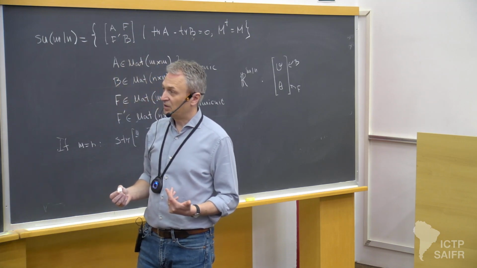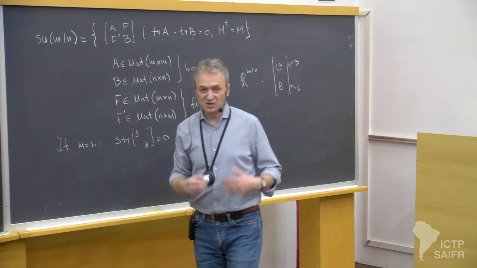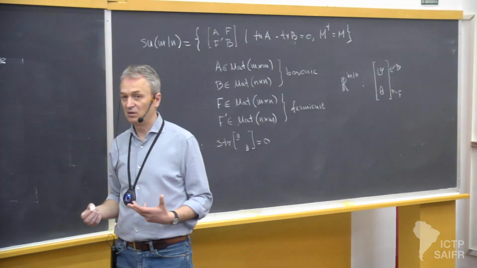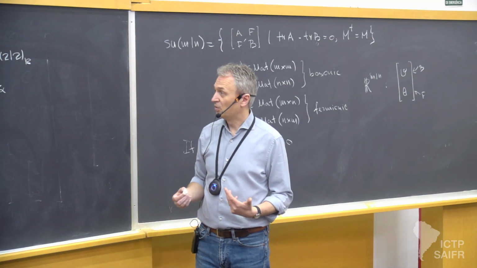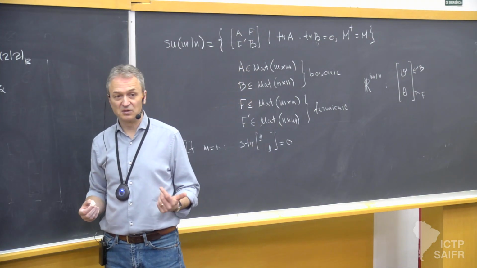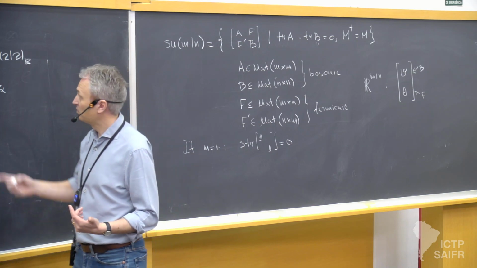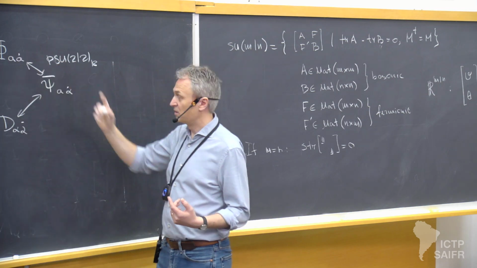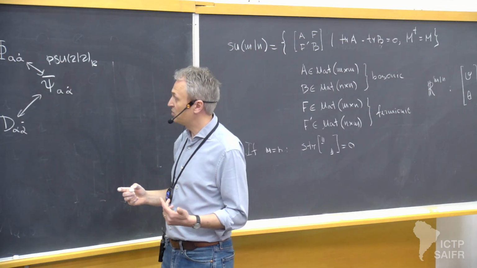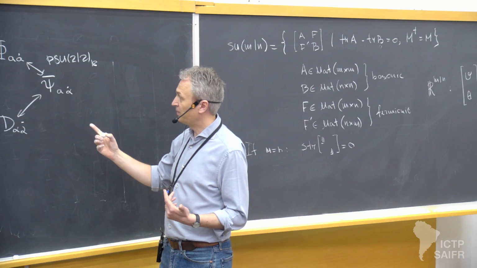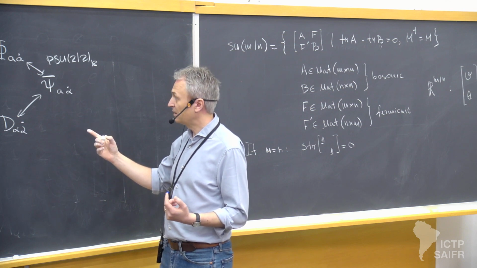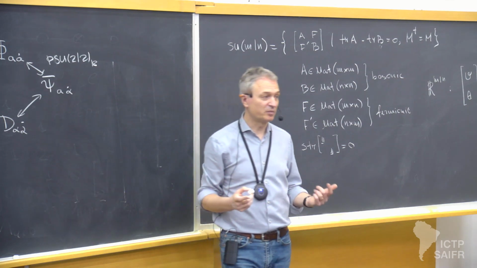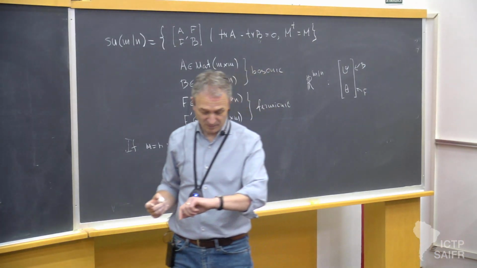So if one carries out this quantization procedure in AdS5 cross S5, one can also see that the symmetry structure comes out precisely in the same way. So the unbroken symmetry is PSU(2|2) times PSU(2|2), and the excitations of the string belong to the bifundamental representation of this algebra.